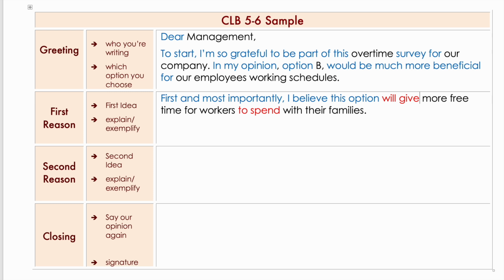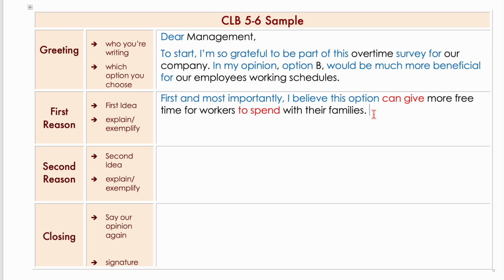That's also good. Okay. I'll leave what I have here for now because I've already got it here. Okay. So can give is also good. So more free time. Yes, workers need free time to spend with their families. Okay. So that's my first idea.